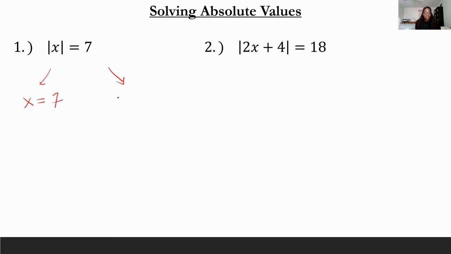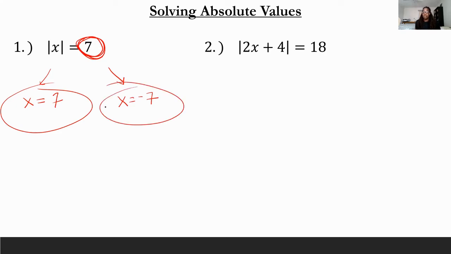The other equation is going to be x equals -7. What I'm changing the sign of is what it is equal to. So x equals 7 and x equals -7 are my 2 solutions for this absolute value equation.